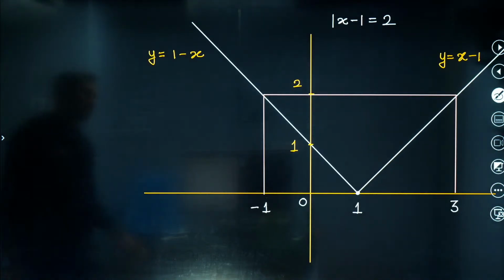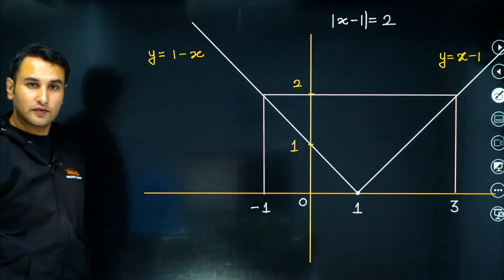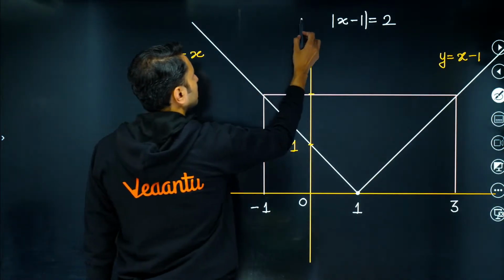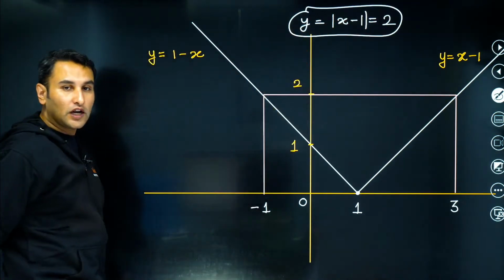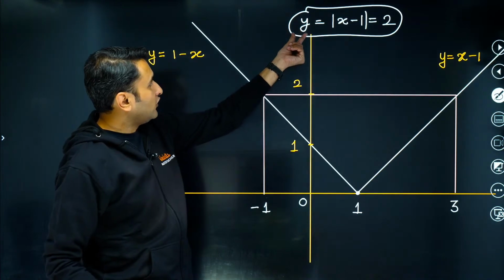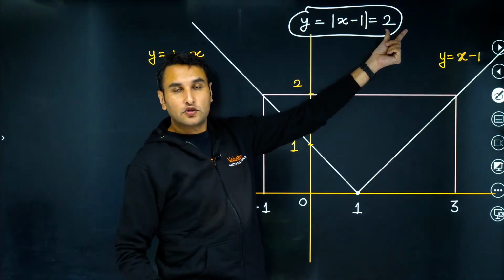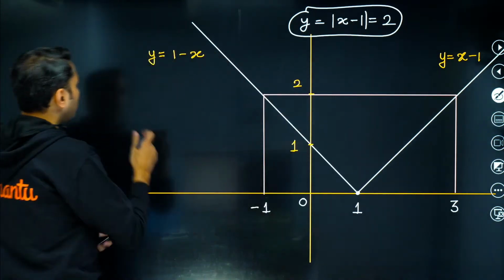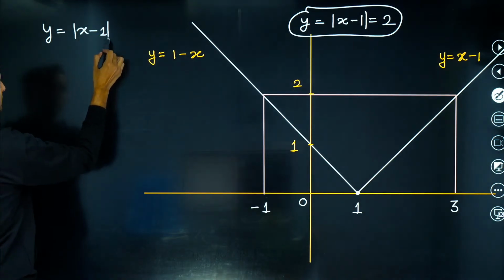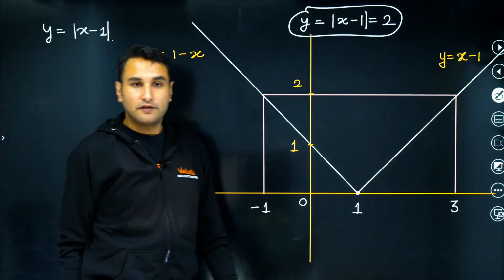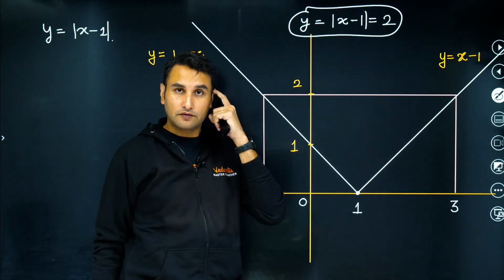So let us plot the graph. What was the question? Mod of x minus 1 is equal to 2, right? What are those values of x when y, which is mod of x minus 1, is equal to 2? So let us first plot the graph of y is equal to mod of x minus 1. Agree? This is the graph.